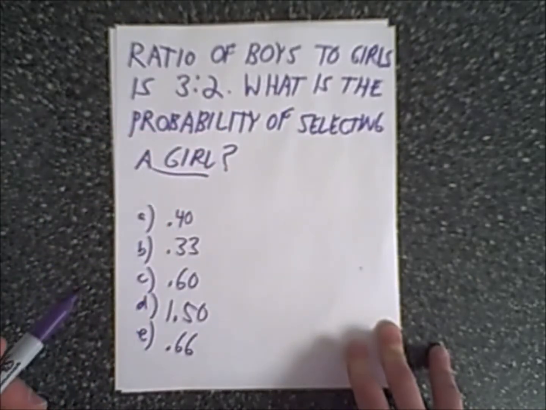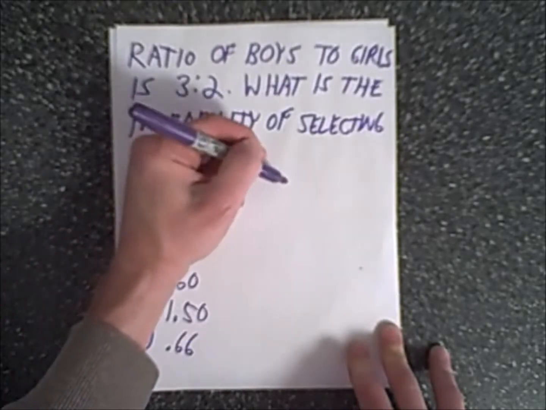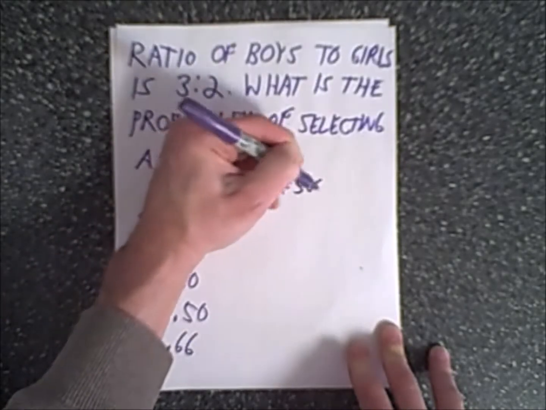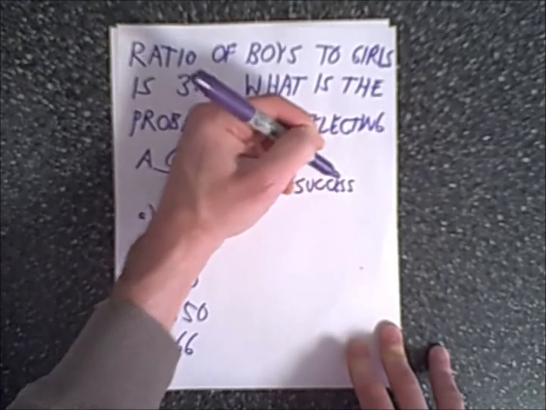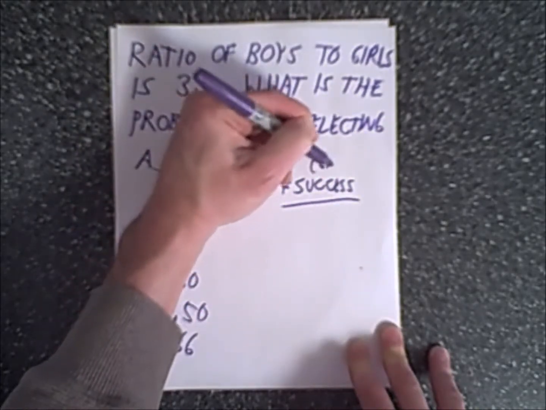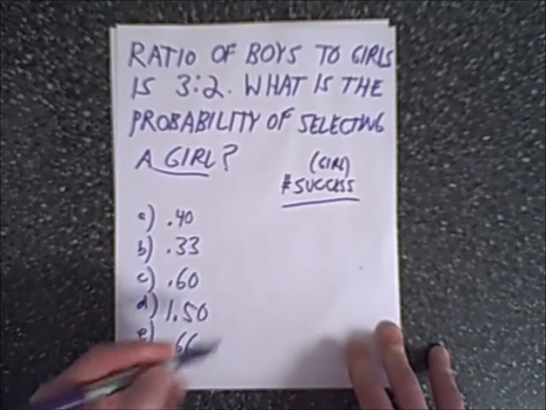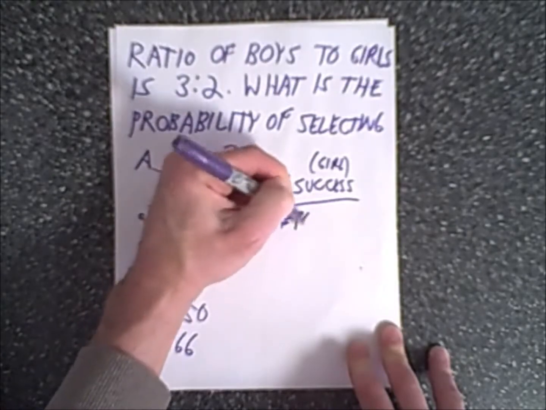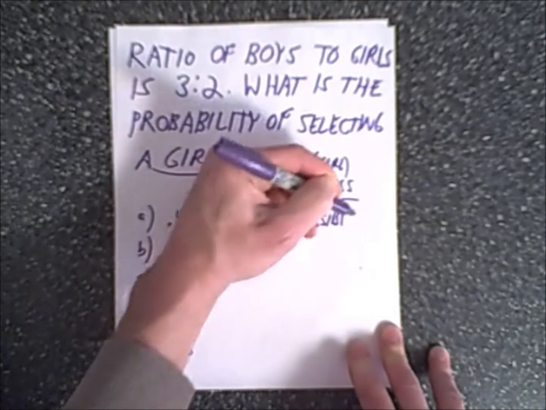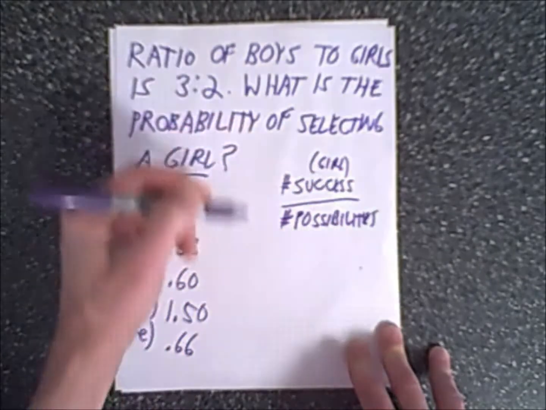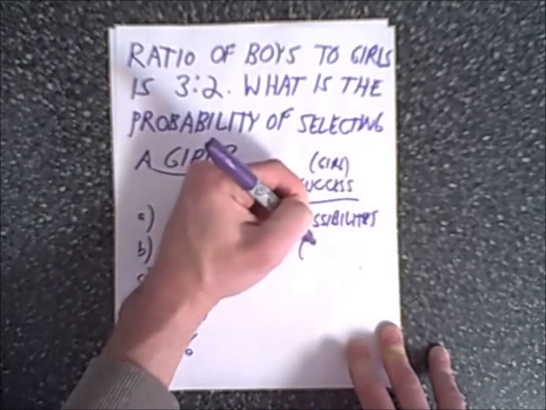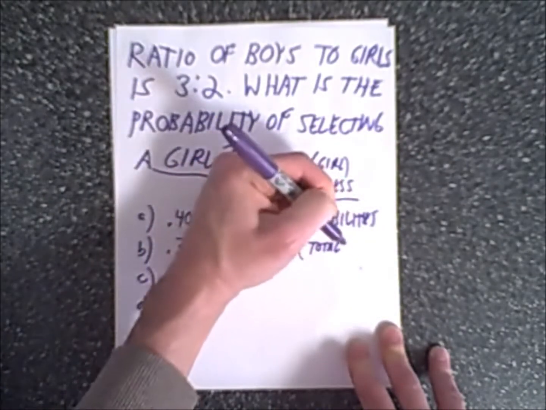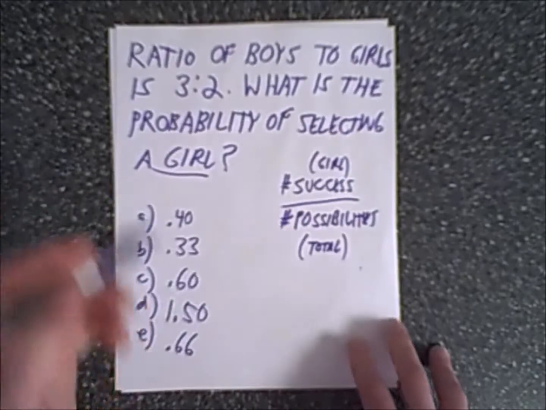The probability of something is the number of successes, which in this case would be choosing a girl, over the number of possibilities, which would be the total number of kids, boys and girls.